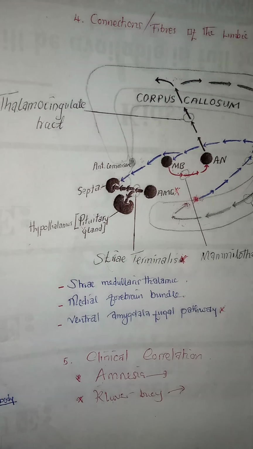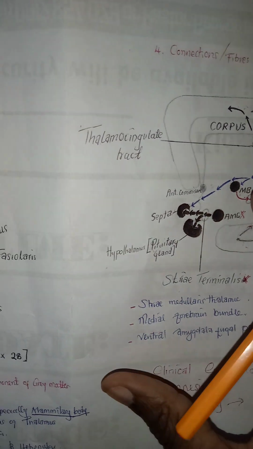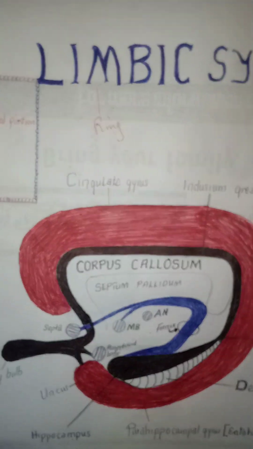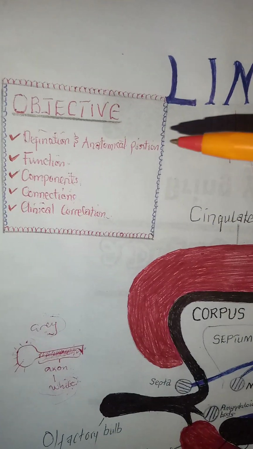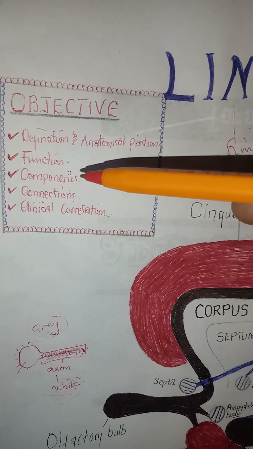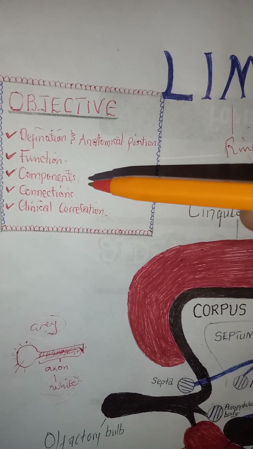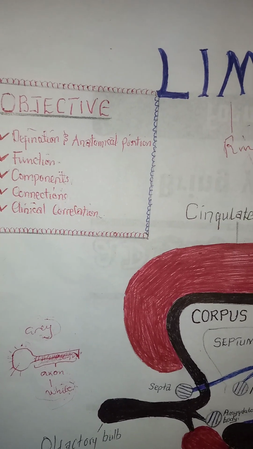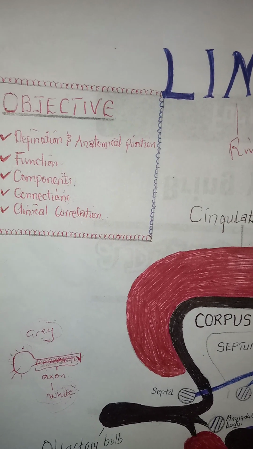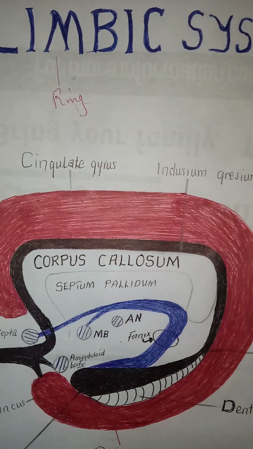In this video we have summarized everything we need to know about the limbic system. With respect to our objectives, we have talked about the anatomic position, the function, the components, the connections of the limbic system, and the clinical correlation. Okay, stay tuned until next time.